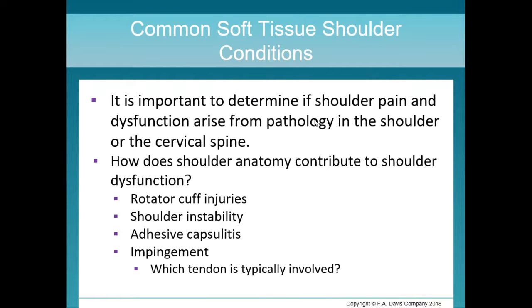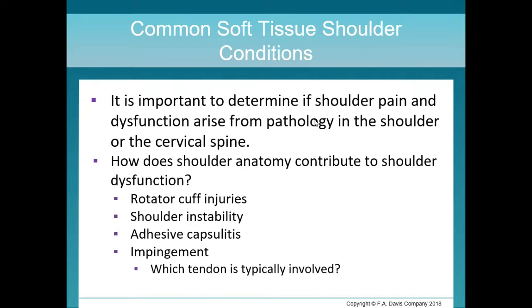Stage 1 may mimic other rotator cuff injuries and is marked by pain at the end of the shoulder motion. Stage 2 is the freezing stage. This is where you'll hear a lot of complaints of a lot of pain, discomfort, and at least 25% loss of range of motion in two planes.